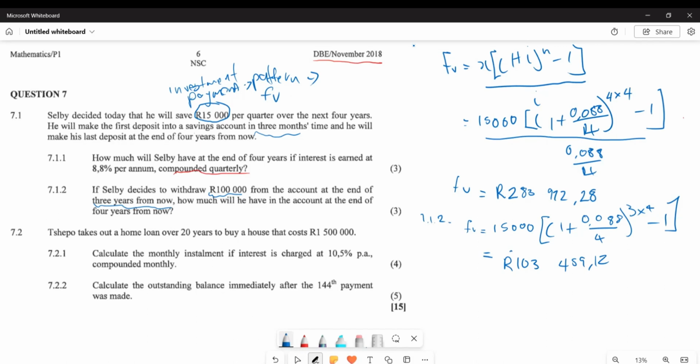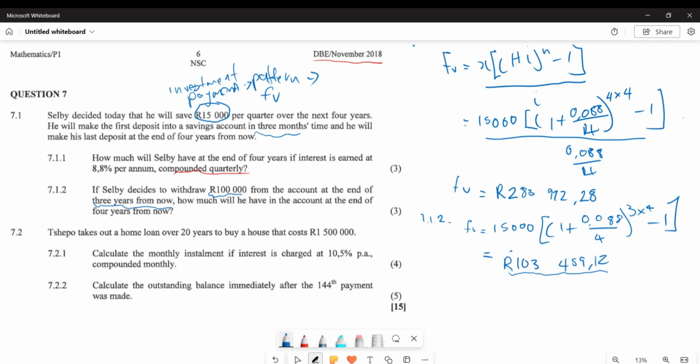Now we can use the outstanding balance formula and take this 103,000 and make it now. Remember that this 103,000 is also going to earn interest, right?